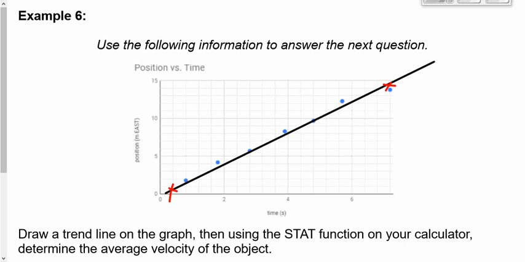Now, if your trend line is off a little bit, it's not the end of the world because we can determine the slope using our calculators, if you have a TI calculator, that is. If you don't have a TI, I'm not sure if on the Casios or whatever there's a way to do it or not. But you can always go back and pick 2 points and find the slope of the line that way.